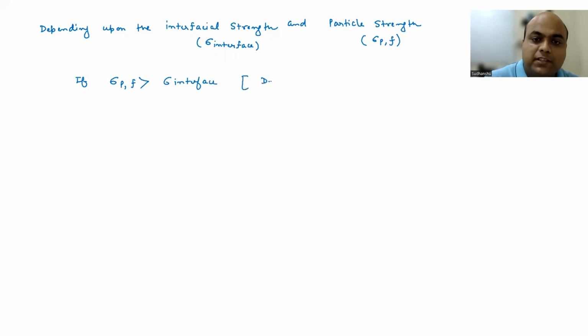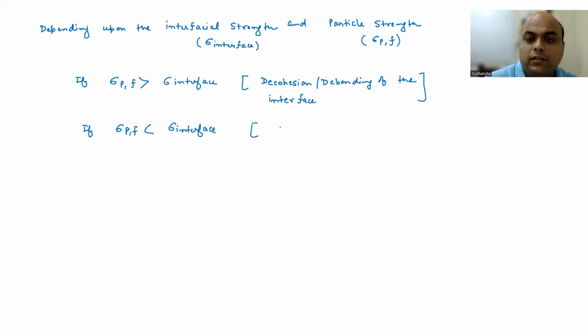then what you observe is decohesion or debonding of the interface. And if sigma PF is less than sigma interface, then you see fracture of the particle. Okay.